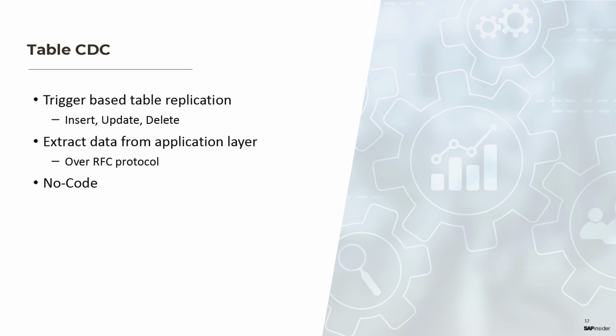And we're helping to create this database trigger and the log table for you and do this in an automated fashion, but still doing this data pull over the RFC protocol, over the RFC layer. And the way we go about this is trying to make this very easy to do so that you don't have to go and manually set these triggers or log tables every time there's a table you want to replicate. And so we try to do this in a very easy to use, no-code fashion.